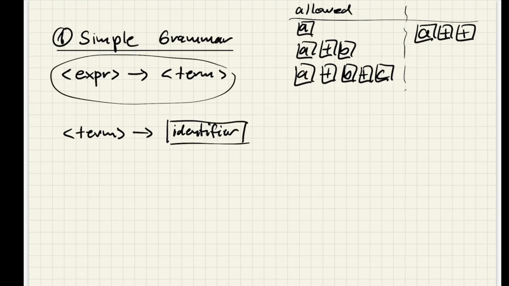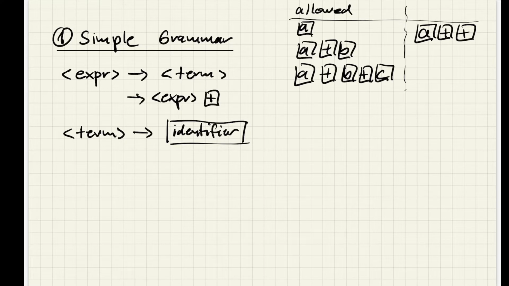But this is actually not the complete first rule. Such an expression also can produce an expression followed by the plus punctuator followed by the term. So it can produce a symbol from the grammar, a symbol from the tokens, and a symbol from the grammar.